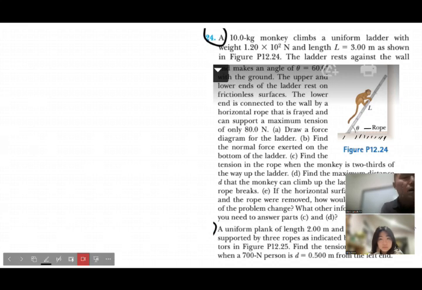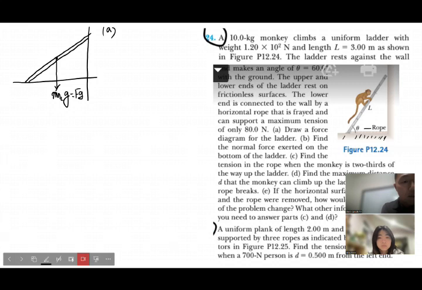So let's take a look at the free body diagram, and we can just draw the picture of the forces exerted on this system. So you have part A, you have a ladder, and as I said, usually the middle of this ladder is the center of mass, and that has gravity downwards, which is M ladder times g, that is F G L, the gravitational force on the ladder.